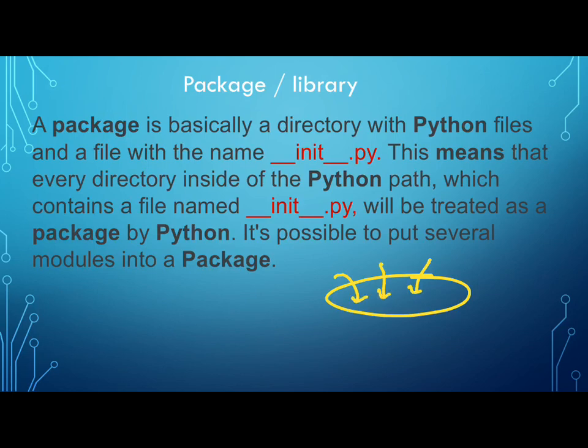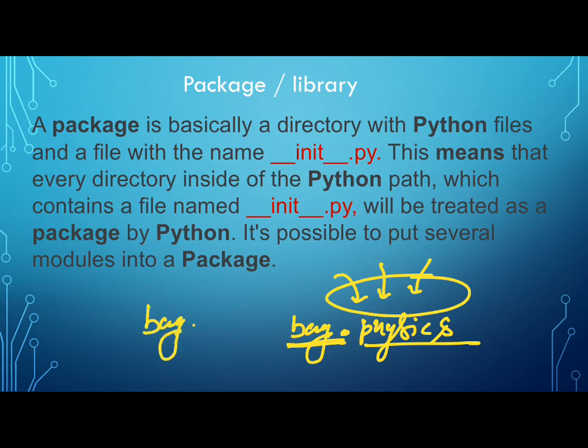Now when you are using your copies in your class, what are you doing? You are taking your physics copy from your bag. From your bag dot means you are linking your bag to that particular file. If you are taking the computer science notebook, you will go to your bag and you will see the computer science notebook copy.